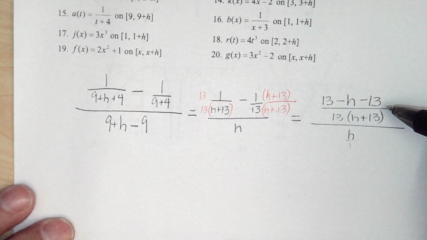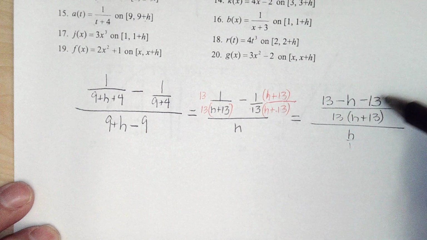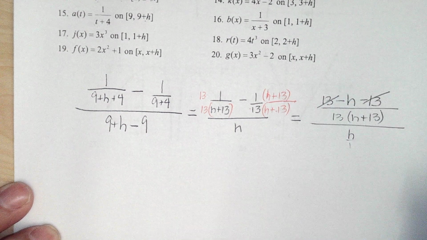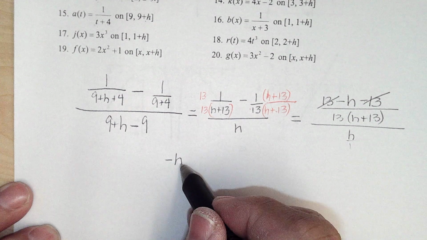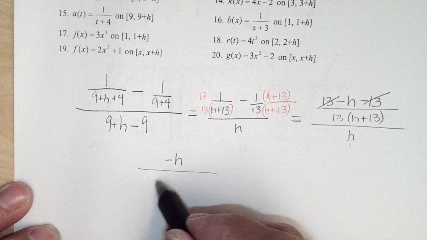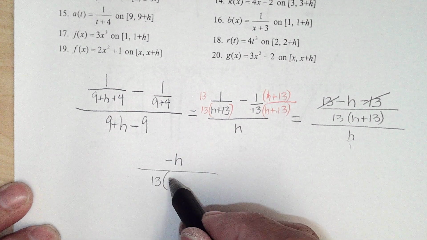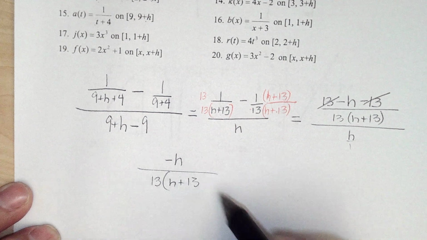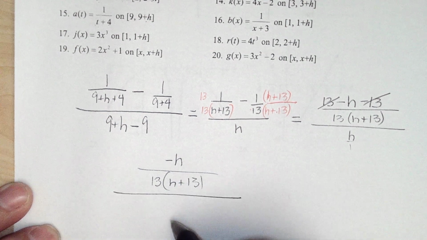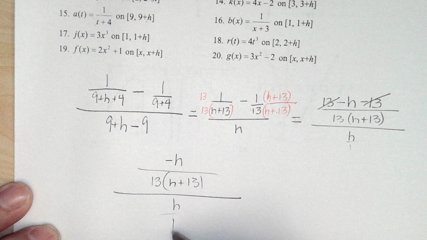Now, simplifying, 13 minus 13 cancel, and I get minus h over 13 times h plus 13, over h over 1.